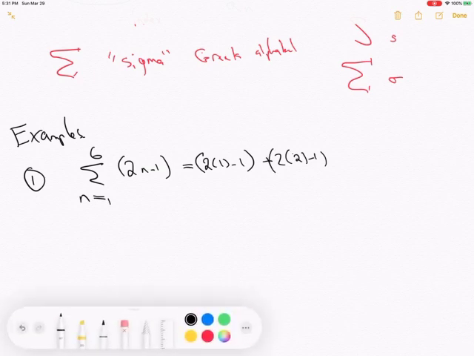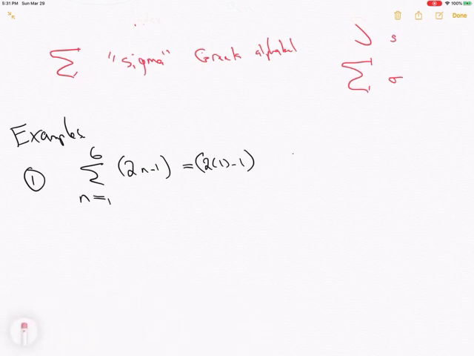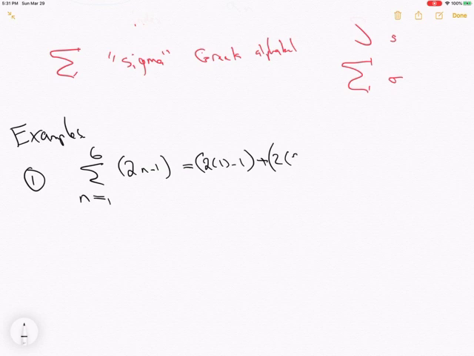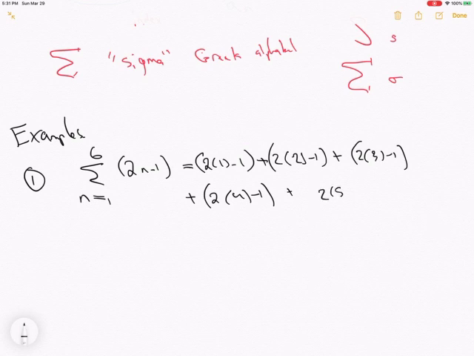Sorry, I miswrote that. Plus 2 times 2 minus 1 plus, now it's 2 times 3 minus 1, plus 2 times 4 minus 1, plus 2 times 5 minus 1, plus 2 times 6 minus 1.